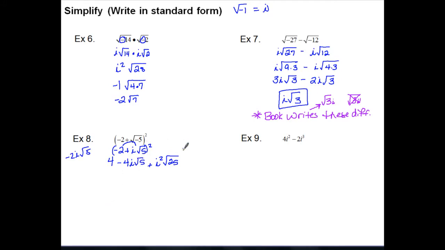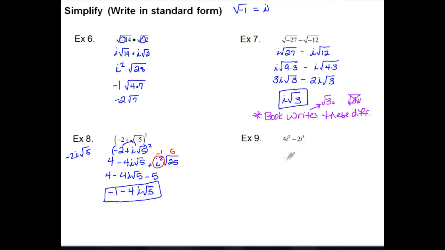And if you want to write it twice and distribute, go for it. Okay, let's simplify this a little bit here. i squared is negative 1, and the square root of 25 is 5. So this is going to be 4 minus 4i square root of 5. Negative 1 times 5 is negative 5. 4 minus 5 is negative 1 minus 4i square root of 5. So that's what you get on number 8.